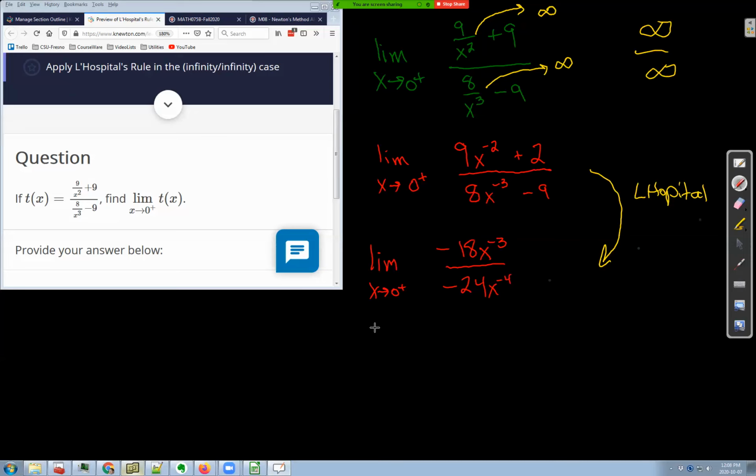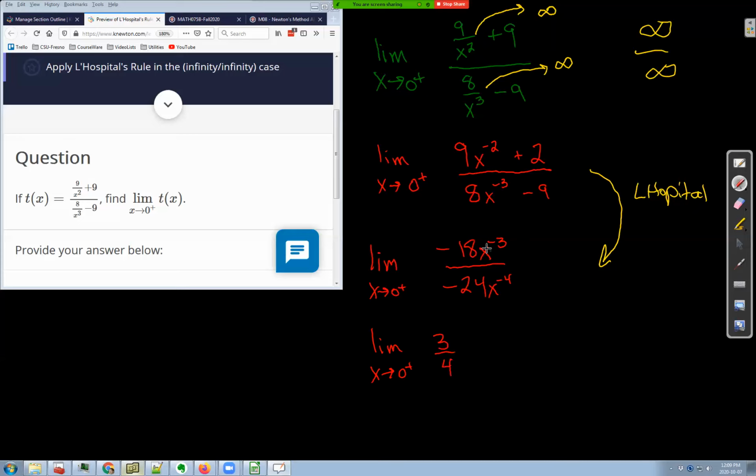So if I simplify this, I get the limit as x goes to 0 from the right of negative 18 divided by negative 24, which makes, 6 goes into 18 3 times, and it goes into 24 4 times. So it's going to be 3/4.